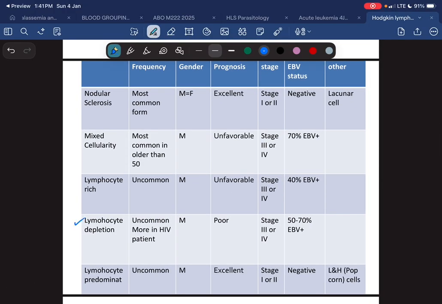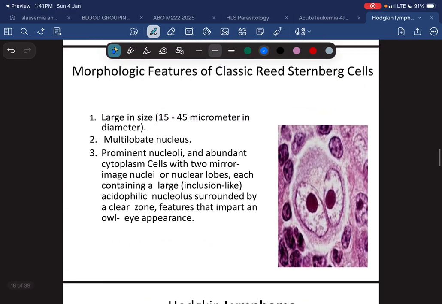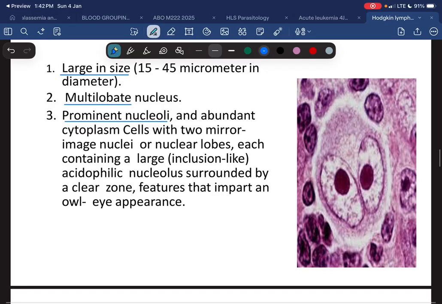Now, the classical Hodgkin lymphoma, morphologic feature of the classical RS: it is a large cell, multilobated nucleus, prominent nucleoli, abundant cytoplasm with 2 mirror image nuclei or a nuclear lobe, acidophilic nucleolus, surrounded by a clear zone, kind of clearing around it, and binucleated or bilobated nucleus, nucleoli, and clear zone around the nucleolus.